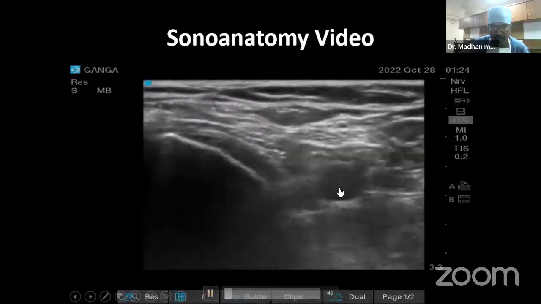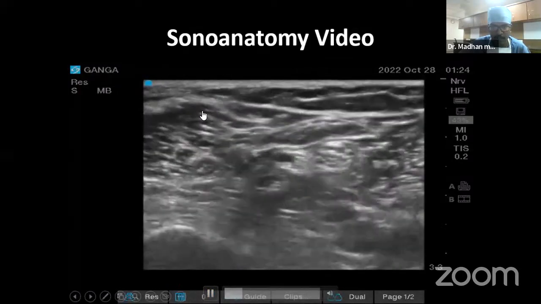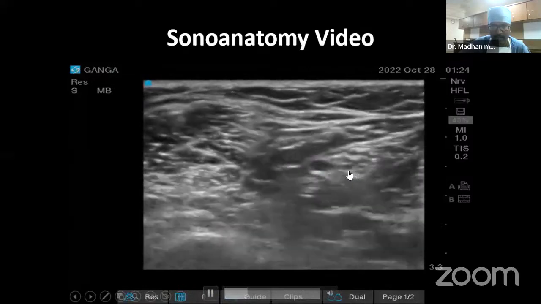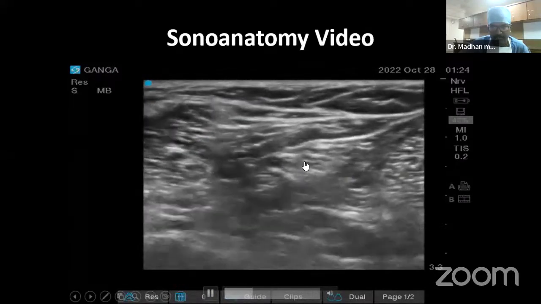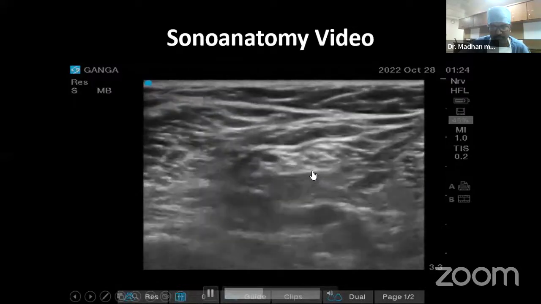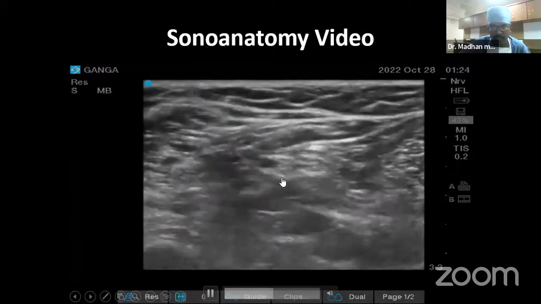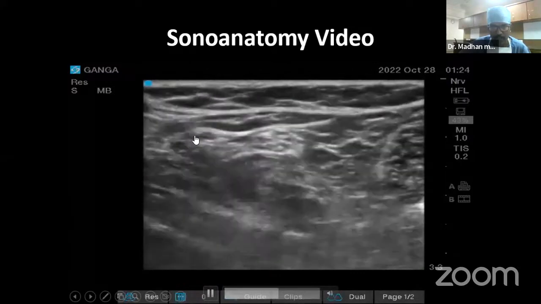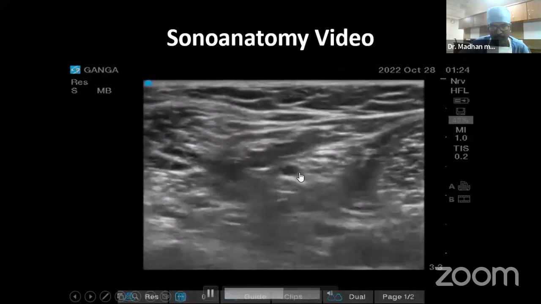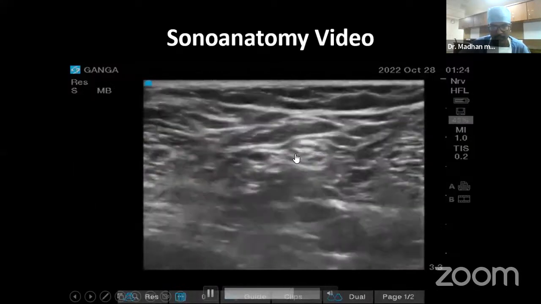Start scanning from the popliteal crease. You can see the femur, popliteal artery, and the tibial nerve. You can see the common peroneal nerve coming from the lateral end here, and it is almost joined with the tibial nerve. Again, I'm moving my probe in a to and fro motion. You can see the common peroneal nerve coming and joining the tibial nerve.